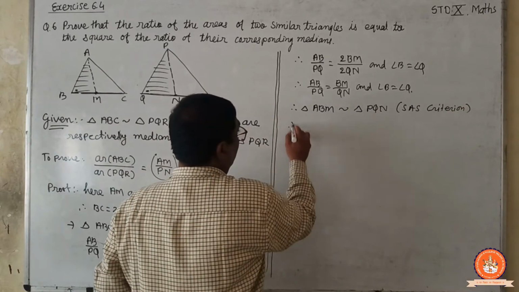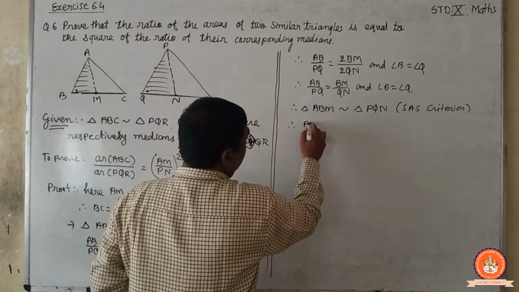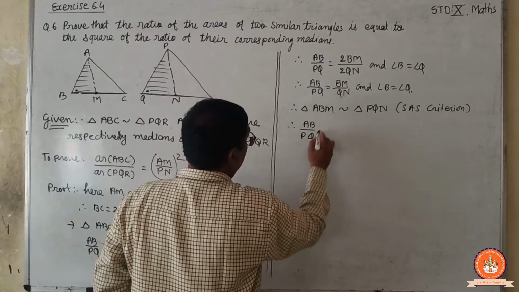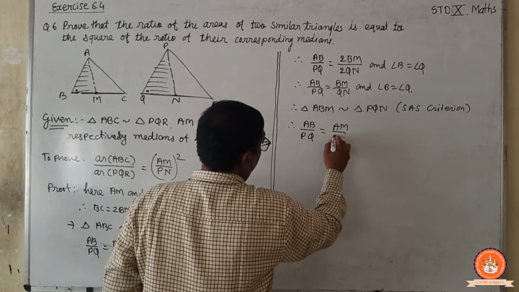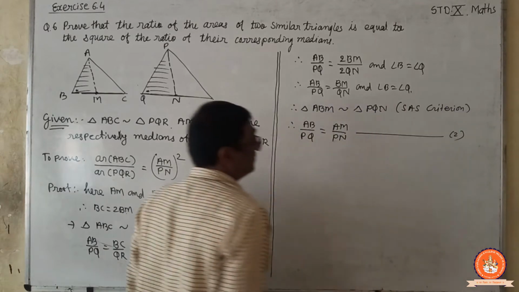Okay, and therefore if these two triangles are similar, their corresponding sides are proportional. AB upon PQ is equal to AM upon PN. Okay, this is number 2.